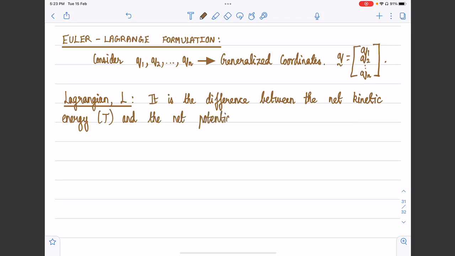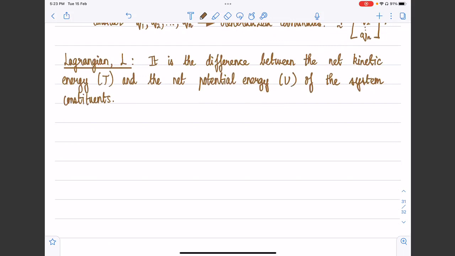So net potential energy U of the system components. The way we define the term Lagrangian is this: the Lagrangian associated with the system is the difference between the net kinetic energy capital T and the net potential energy capital U of the system constituents. So L is essentially going to be T minus U.